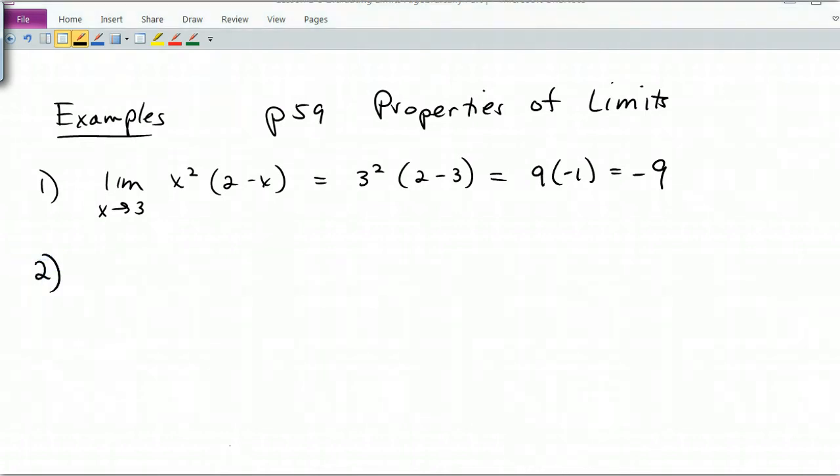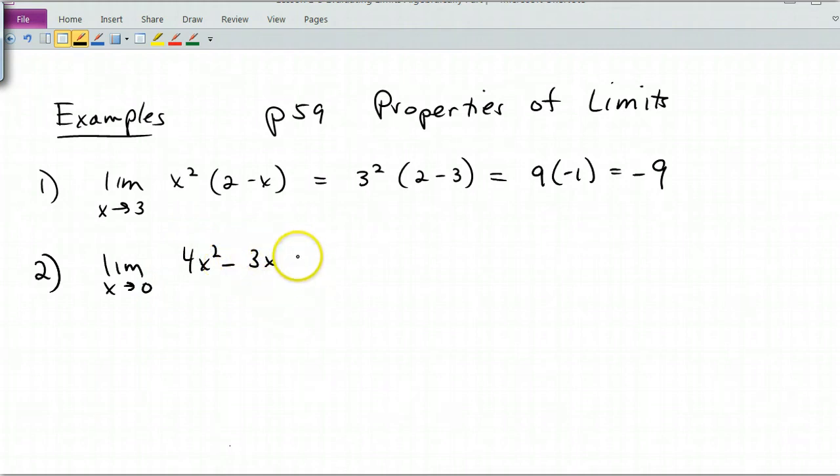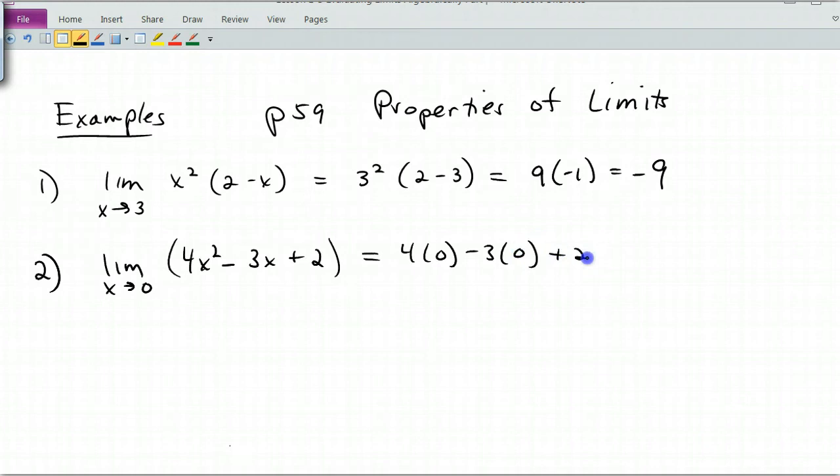Number 2, the limit as x goes to 0. This is the sum of 3 terms that form a quadratic. And the property says that you can substitute in and add and subtract each value, and you have the limit for the entire function. And there it is.